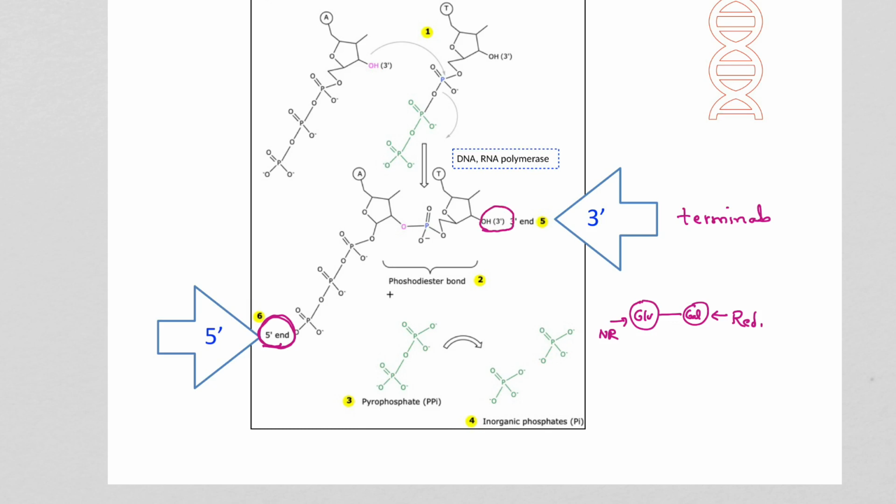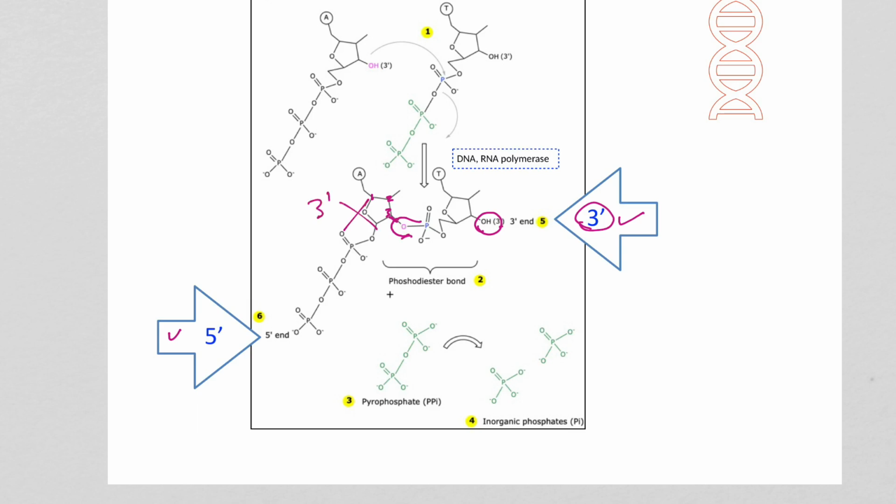The best way to recognize the end is to look at the sugar, and if you see a 3' hydroxyl, then this is the 3' end, and the other end will be 5'. Because you can see here, this is 1', 2', 3'. You can see there is no hydroxyl group here; this is actually involved in the phosphodiester.